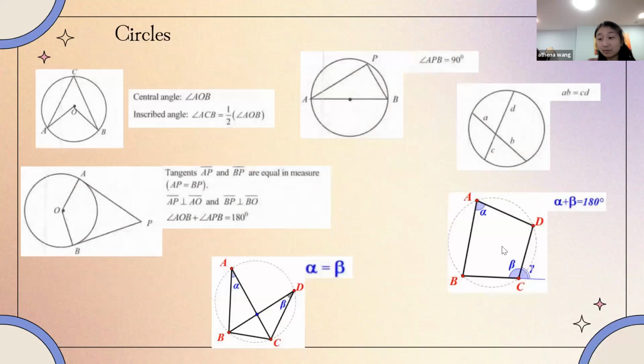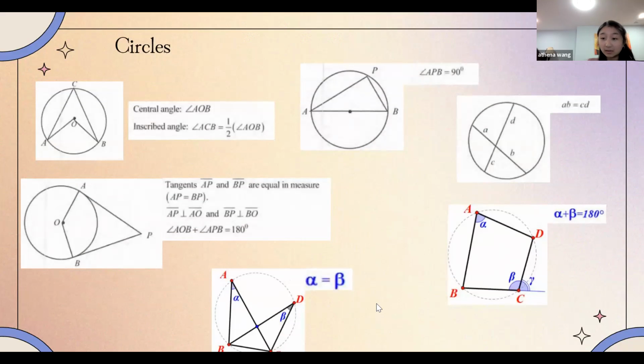Okay, so now for circles, here are just some formulas you need to remember. These are called inscribed angles, right here, and they are 1/2 of the central angle that you have here.